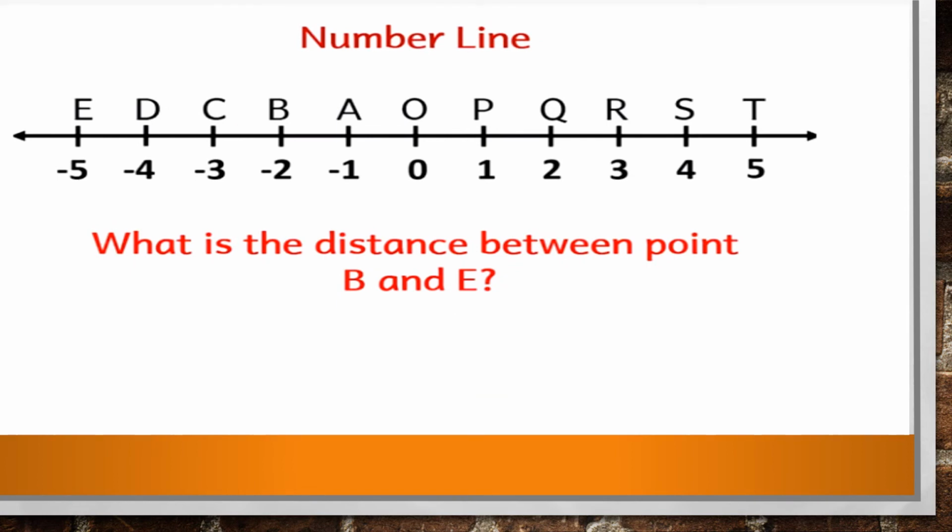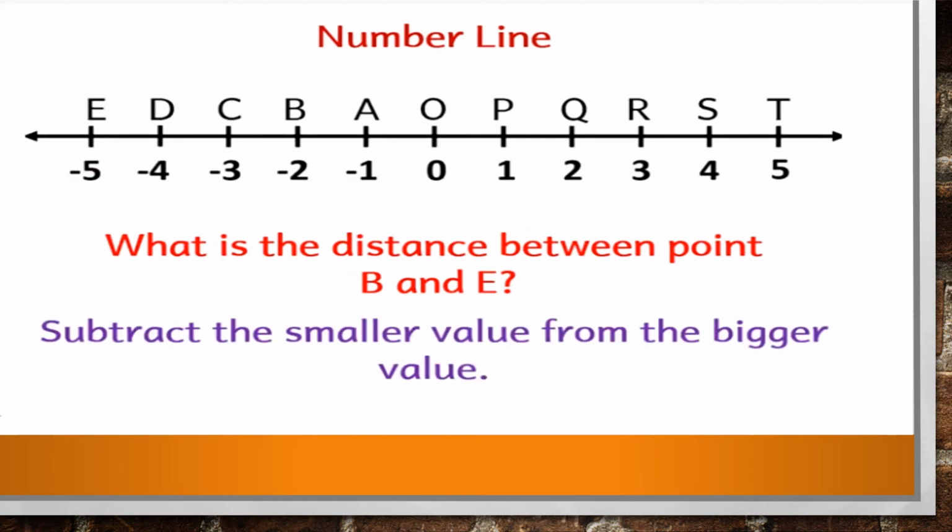Let's move on to the next example. What is the distance between point B and E? So here I have B and then I have E. Now remember one thing: I have told you that on the left hand side, if you keep on moving left, values keep on decreasing. Subtract the smaller value from the bigger value.